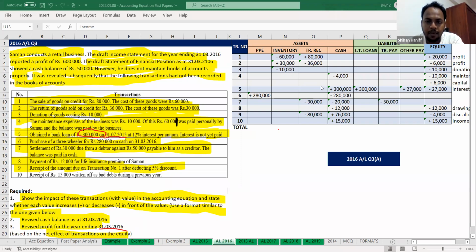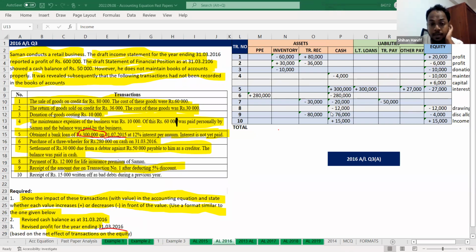For profit calculation, there are two methods. One is using the equation, that means the capital equation. The other one is preparing the income statement, right? So which method is better? Normally, they will mention in the question the method, whether it's from the profit equation or from the income statement.